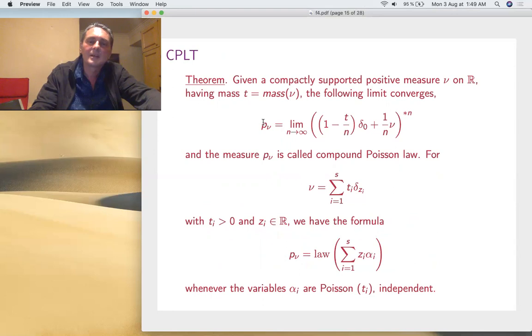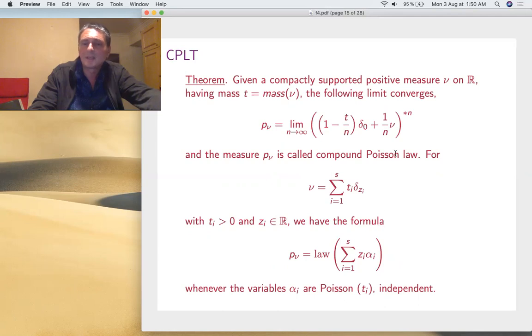So given a measure nu on R, which is best taken not with mass 1, but mass t, that's our t parameter, the following limit converges, and the measure is called the compound Poisson law. That's the first part of the theorem. And the second part is that this compound Poisson law is very explicit, actually. This can serve as an alternative definition.